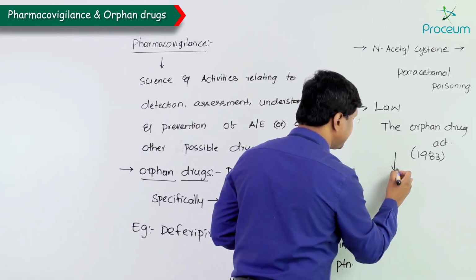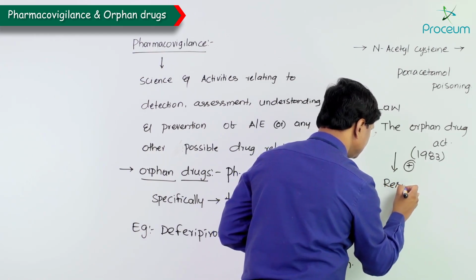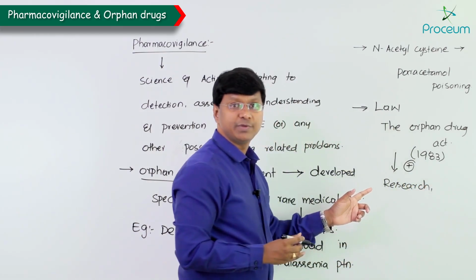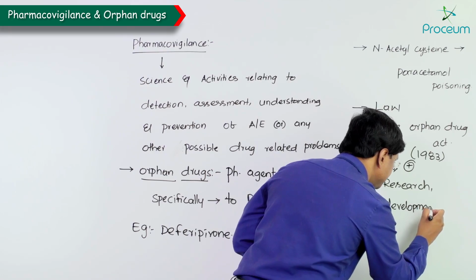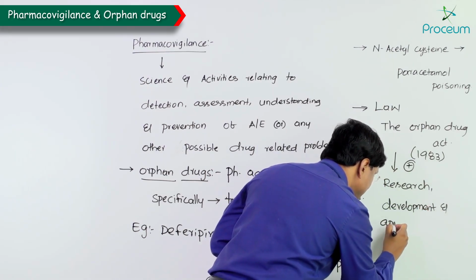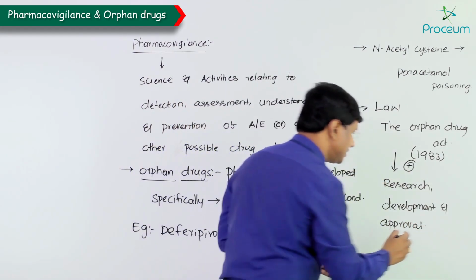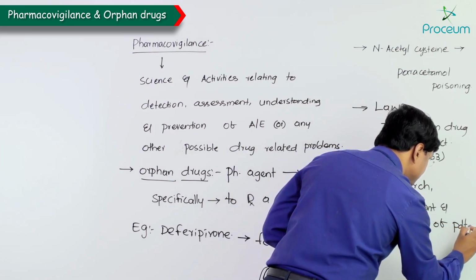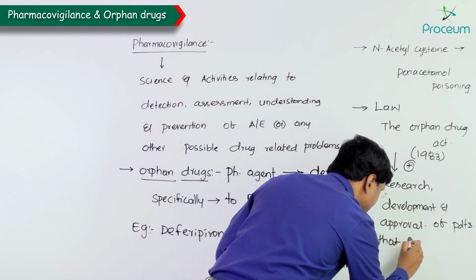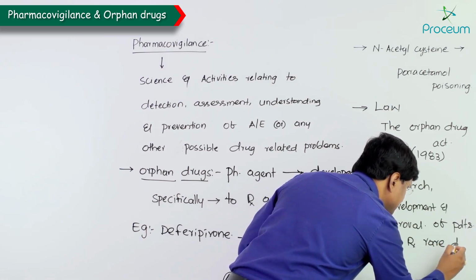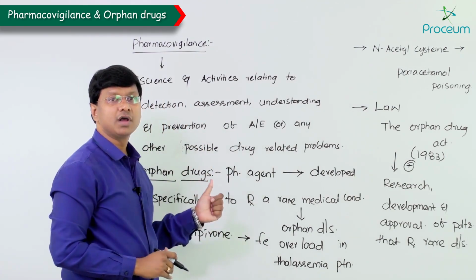Okay, so the intent of this act was to stimulate the research, development and approval of products that treat rare diseases. That is what is called orphan drugs.